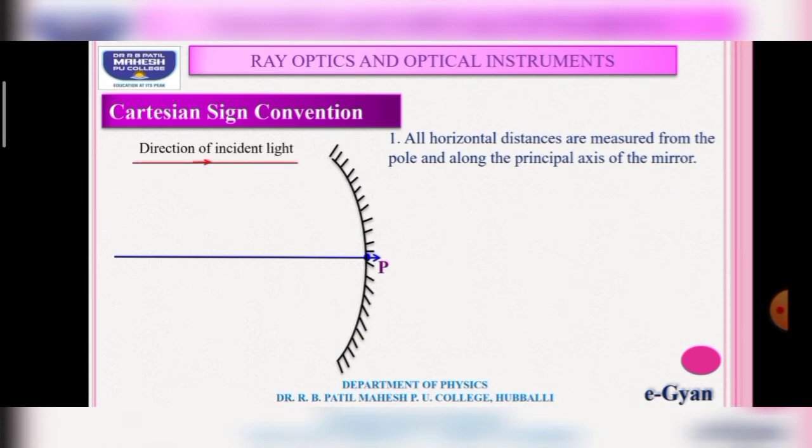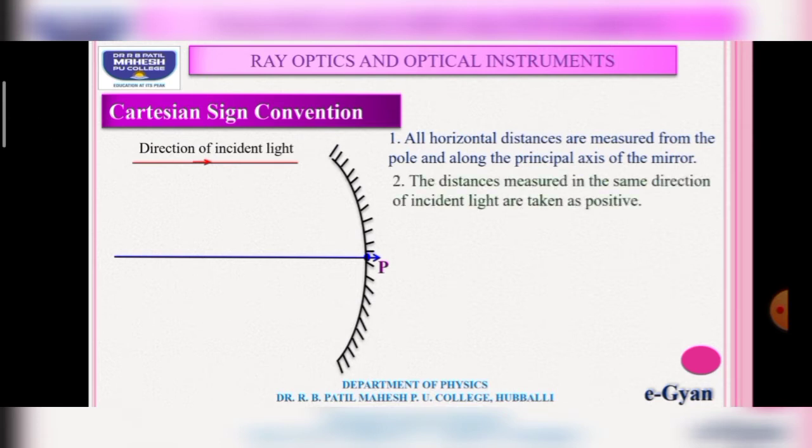Second, if I consider the direction of incident light towards the mirror, then all the distances measured along the direction of incident light are taken as positive.